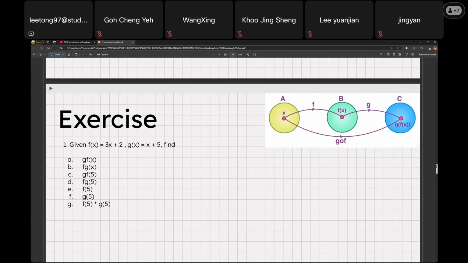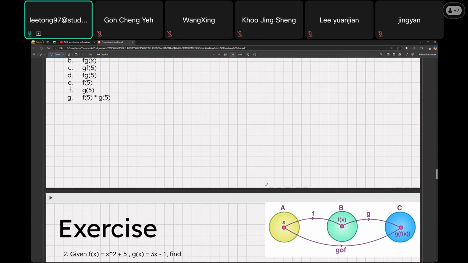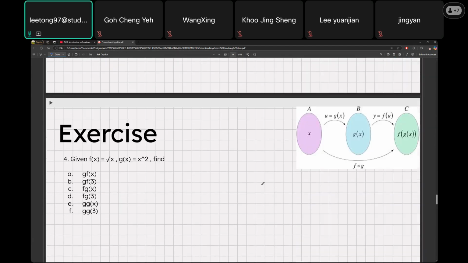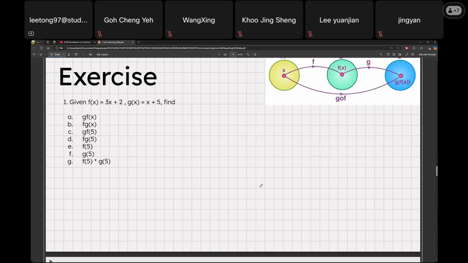Okay, let's try some exercises. I think there will be 4 questions. How about we take 5 minutes for this question? This is f(x) and this is g(x).